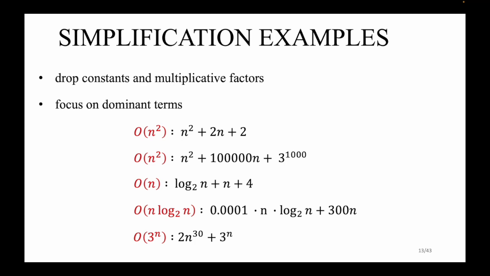Because when n goes to infinity, even when n becomes extremely big, n squared will be extremely bigger, times bigger than 2 multiplied by n, and also bigger than 2. Of course, because n goes to infinity, 2 becomes very small compared to infinity. 2n is tiny compared to n squared.